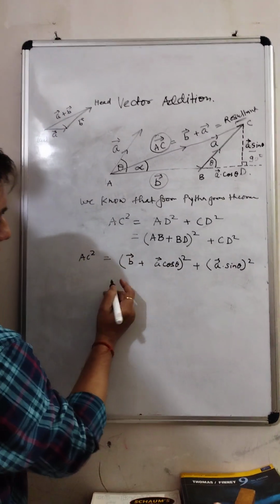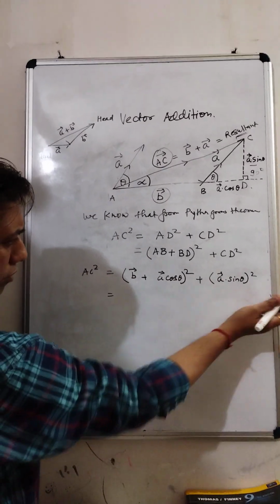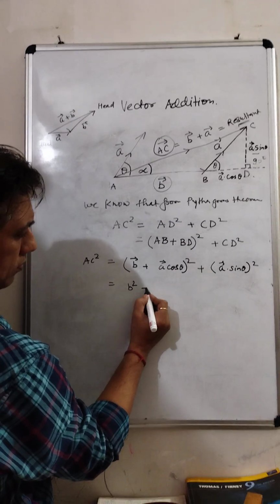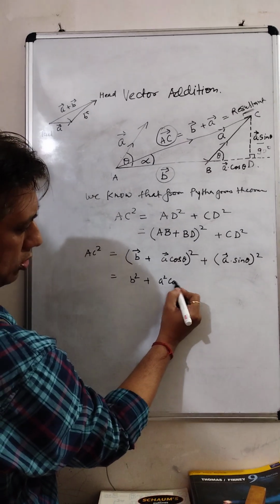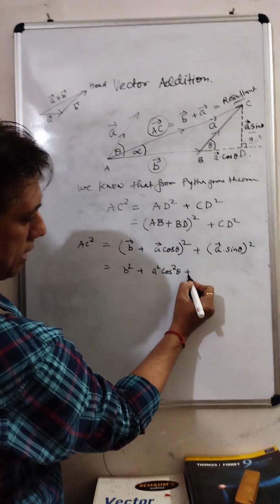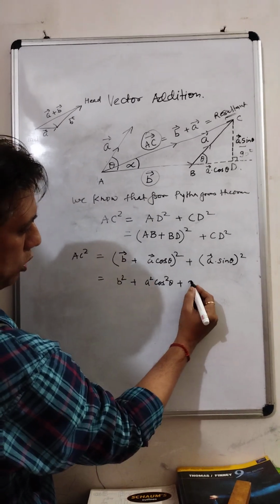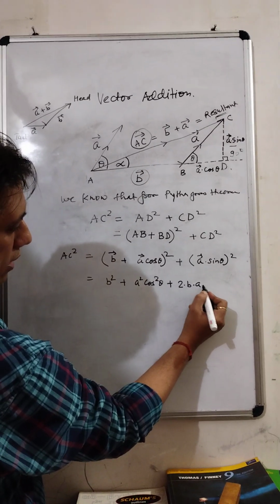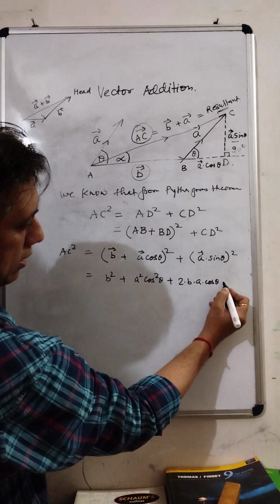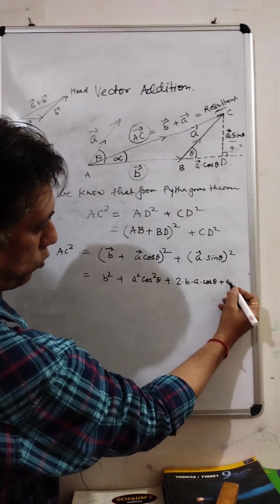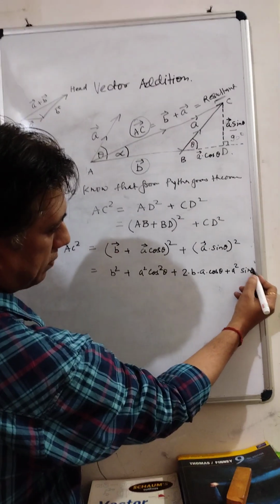Now we expand this using the general formula: B square plus A square cos square theta plus 2 into B into A into cos theta plus A square sin square theta.